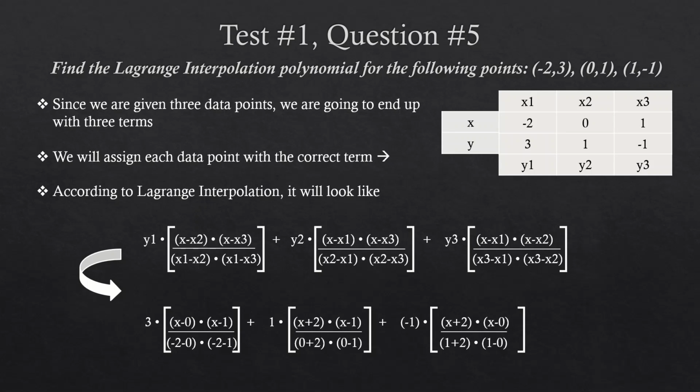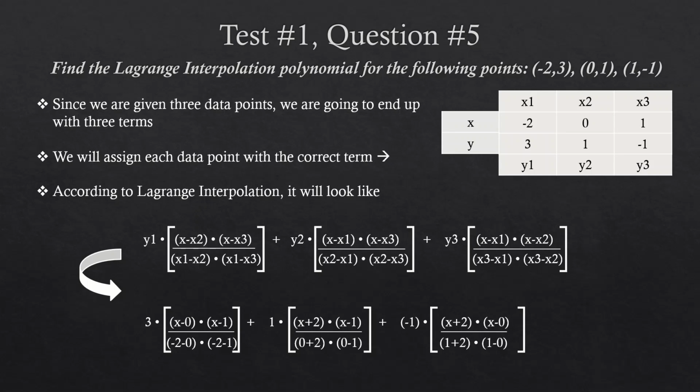Remember that x minus negative 2 is just x plus 2, and we will have x minus 1 divided by 0 plus 2 and 0 minus 1. And for our last term, we will have negative 1 multiplied by x plus 2 and x minus 0, divided by 1 plus 2 and 1 minus 0.